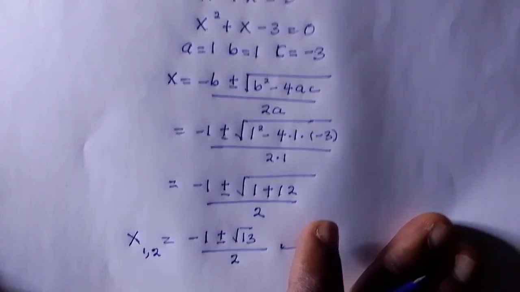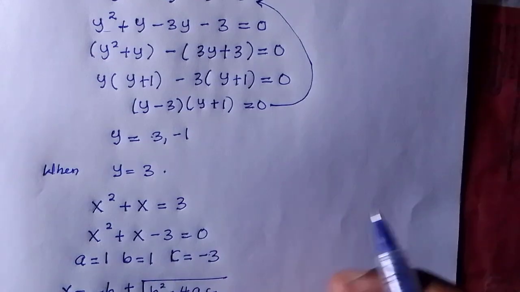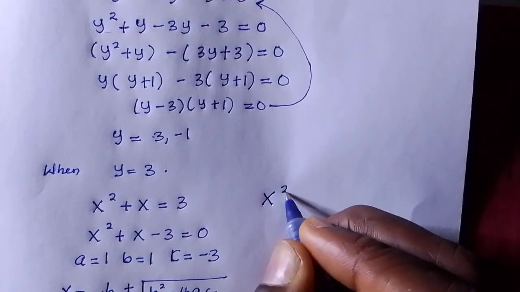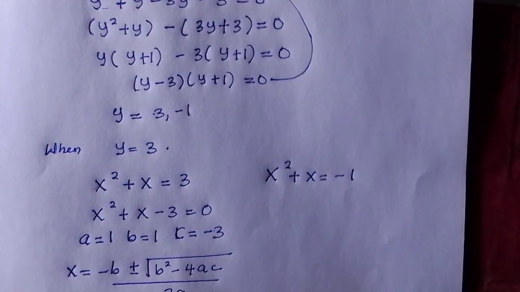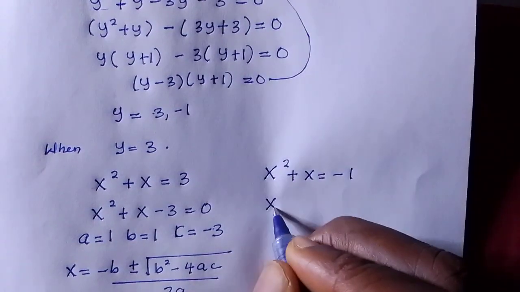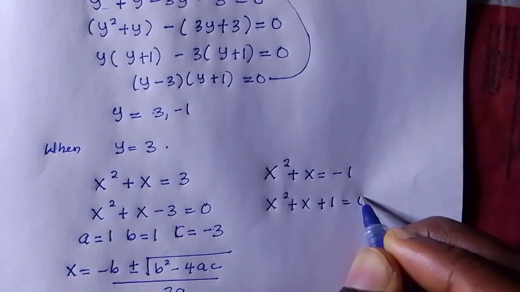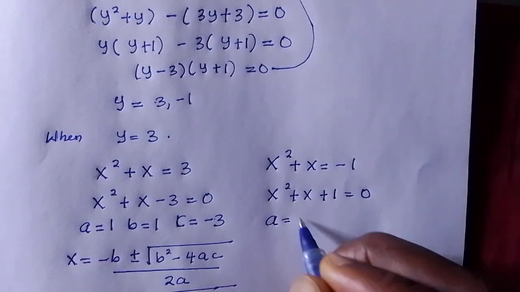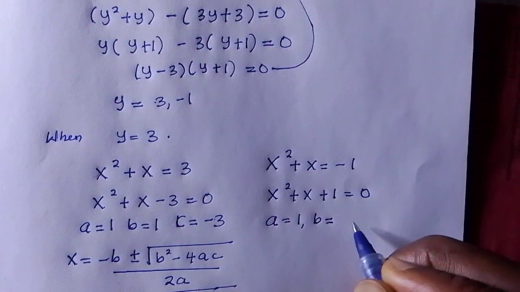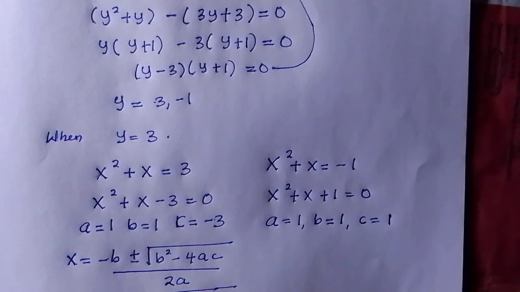Recall that y can also be -1. So for y = -1, we have x squared + x = -1. Then we transfer this as x squared + x + 1 = 0. By considering the same process, we have a = 1, b = 1, and c = 1.